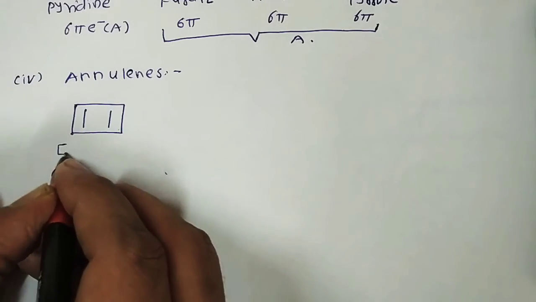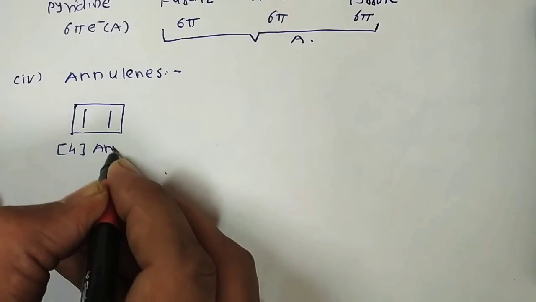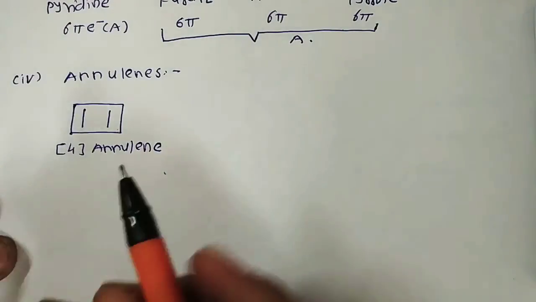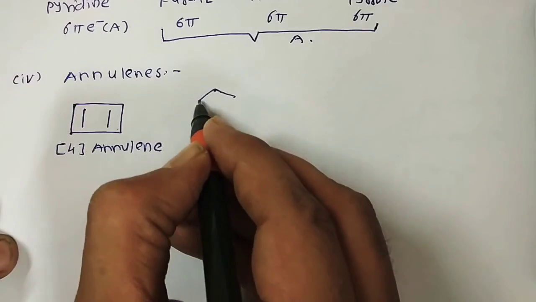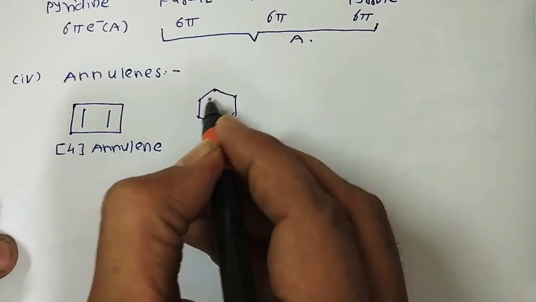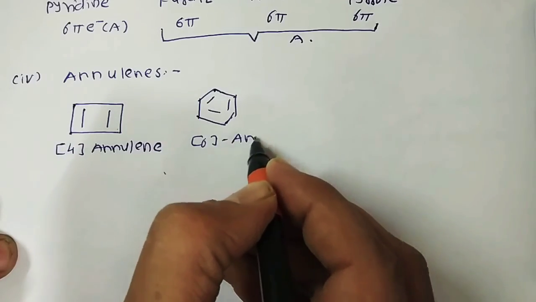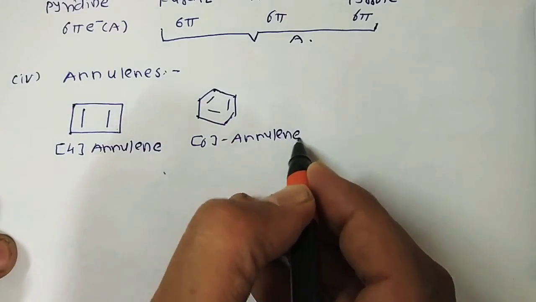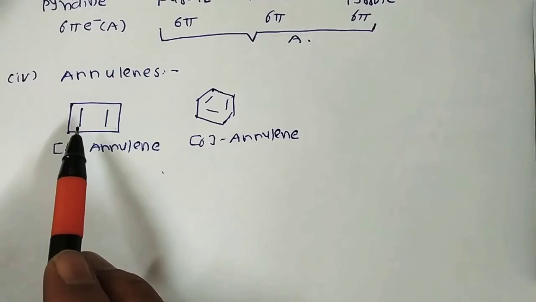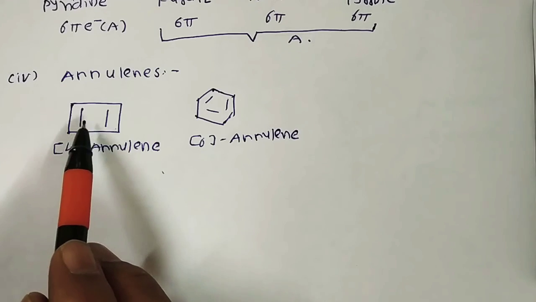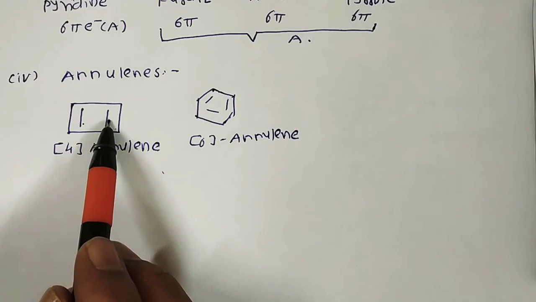So it is called a 4-annulene. Annulene is a different concept. The other name of benzene is also 6-annulene. What is the meaning of annulene? Completely conjugated monocyclic polyenes containing an even number of carbon atoms are called annulenes.